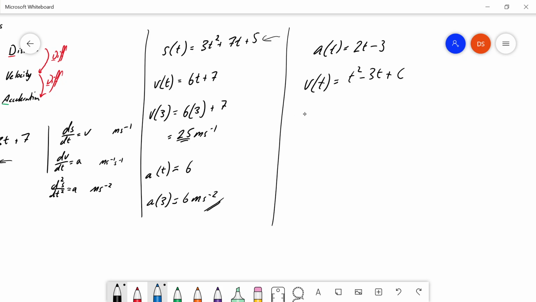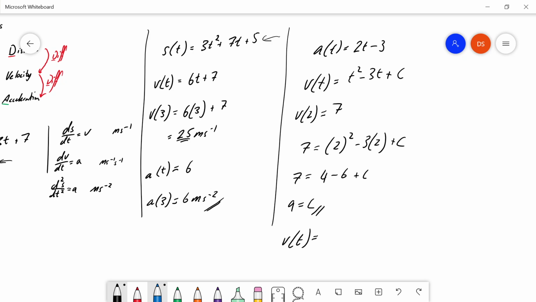If I said to you, we know that v of 2 is equal to 7, then we could plug in 7 equals 2 squared minus 3 times 2 plus c, and so that's 7 equals 4 minus 6 plus c. That is the same as 9 equals c, if you do the maths. And so now I've got a particular solution for the velocity: t squared minus 3t plus 9. So given initial points, something like this, you can work out the constants.